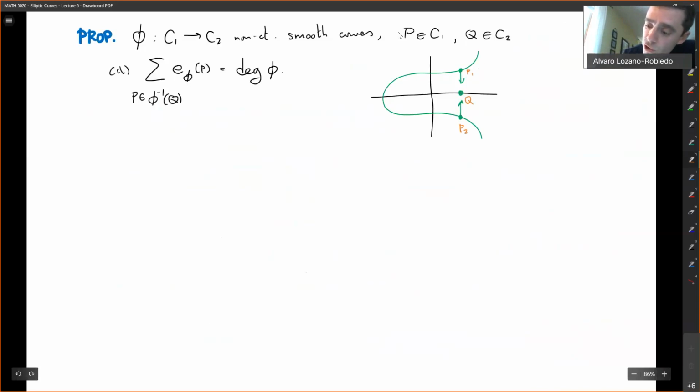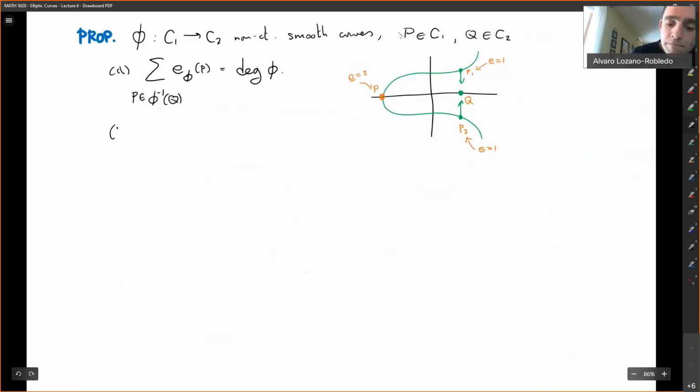The ramification here was 1, and the ramification here is 1, and 1 plus 1 is 2. That's what this theorem is saying. And at this point P here, there is only 1 point above it, and the ramification in here is 2. So 2 plus nothing else equals 2. That's what this part of the theorem says, which makes sense.